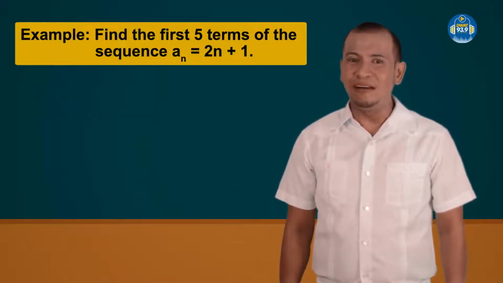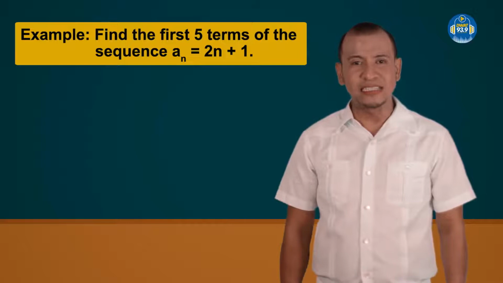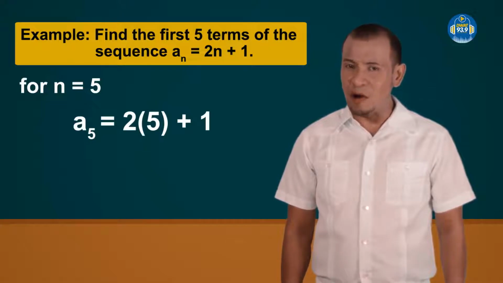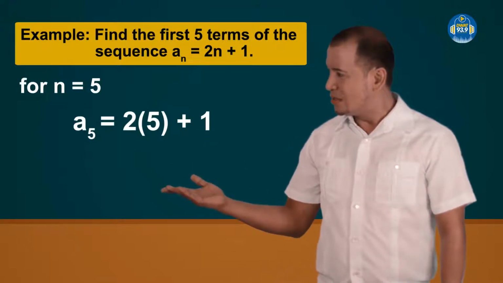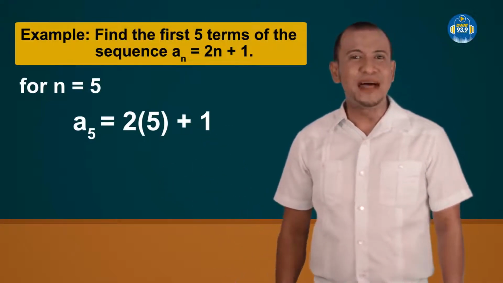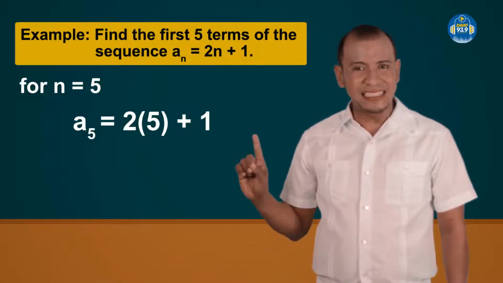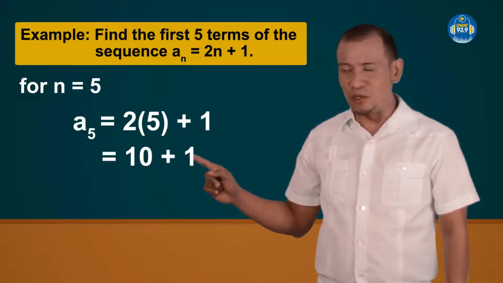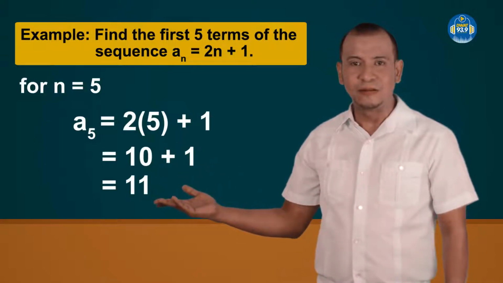Lastly, we have the fifth term, which is n equals 5. So, a sub 5 equals 2 times 5 plus 1, and that is 10 plus 1, which is equal to 11.